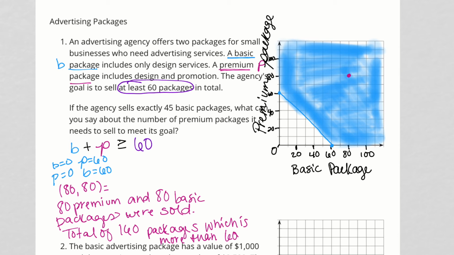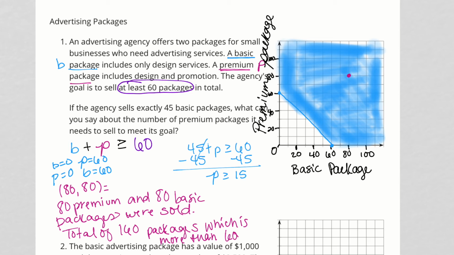So if our B is 45, I'm going to plug in 45 plus P is greater than or equal to 60. How do I solve for P? We subtract 45 from both sides. Okay, so P is greater than or equal to 15.